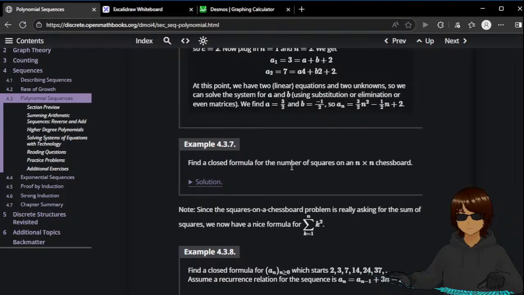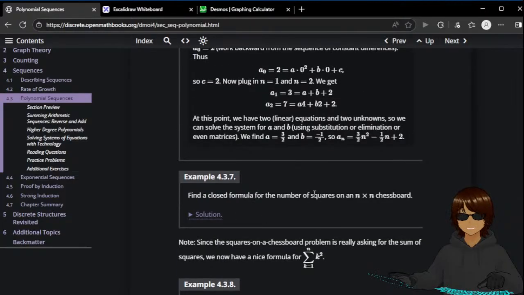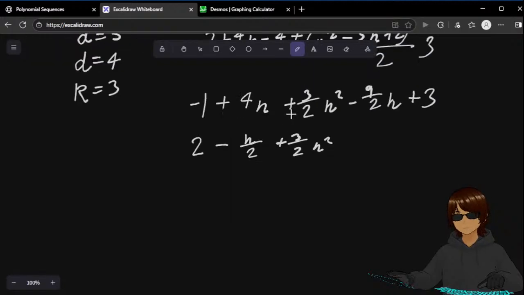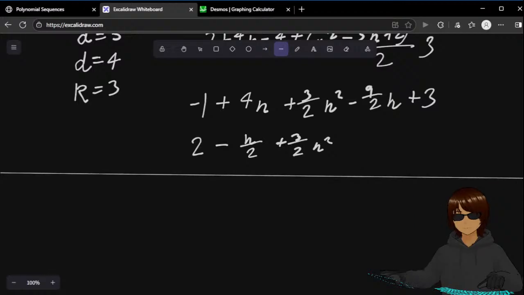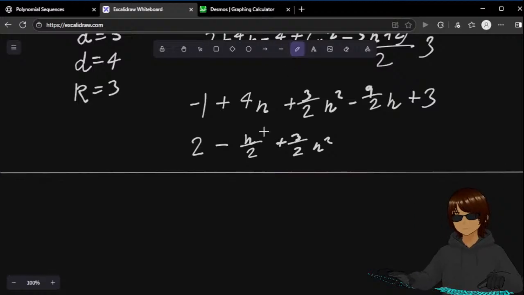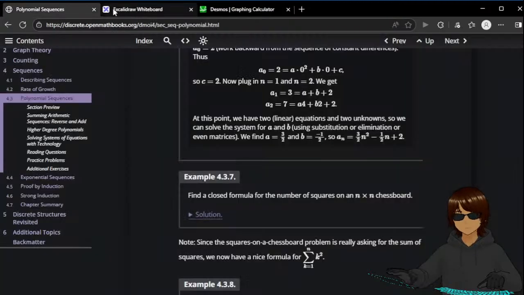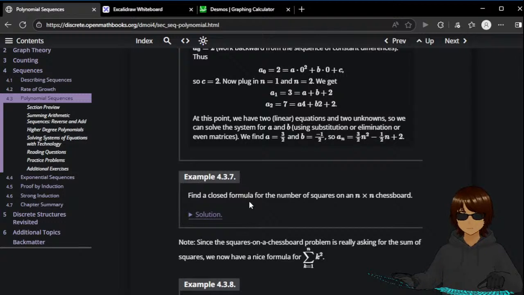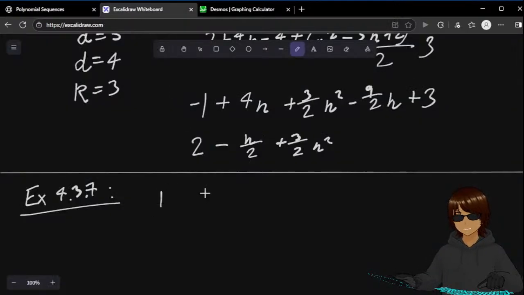Hold on, going back up, I want to solve this question. Find a closed formula for the number of squares on an n by n chessboard. So we start with 1, and then 1 plus 4 is 5, 1 plus 4 plus 9.